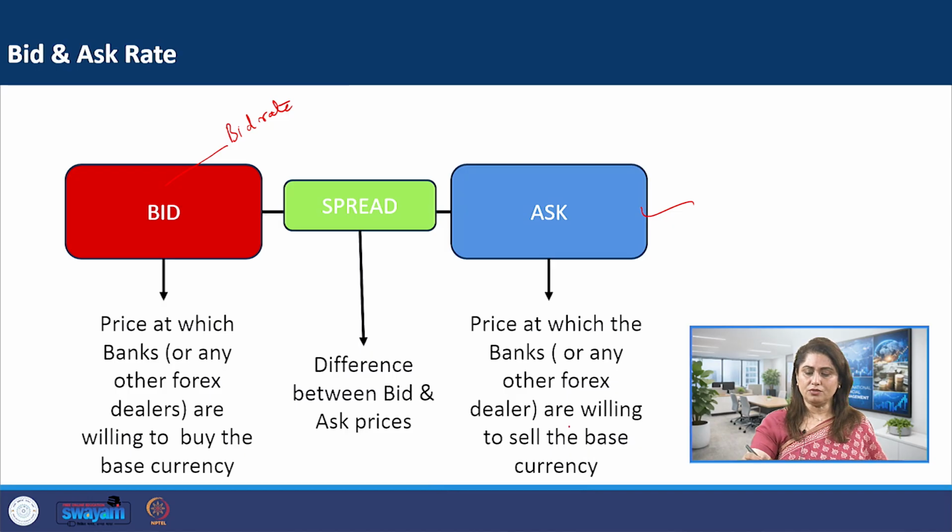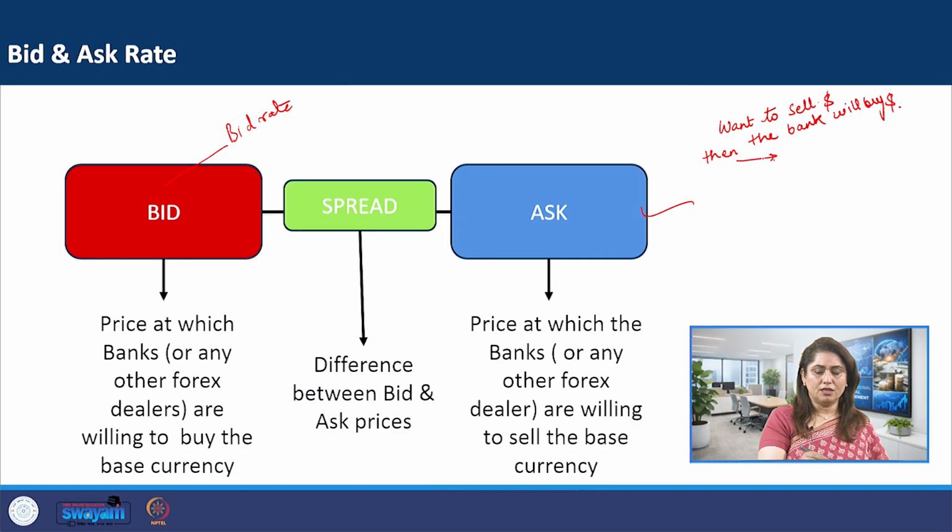That means, suppose you want to sell dollars, then the bank will buy dollars. In that case, which rate is going to be used? This bid rate will be used.